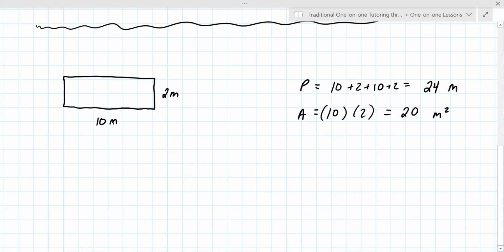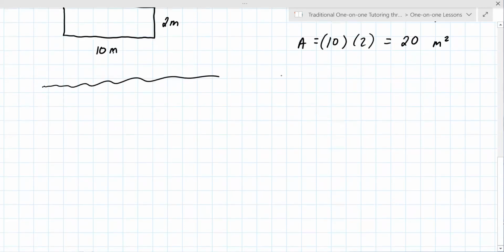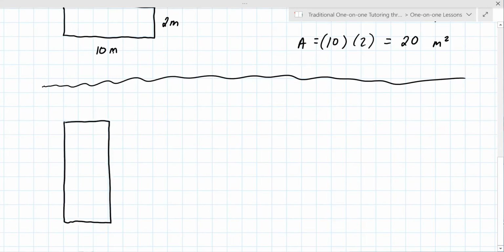Okay, so here's another type of problem that you might see in geometry. So we'll go slightly different shape. This is x minus 7 centimeters. And this is x plus 2 centimeters.